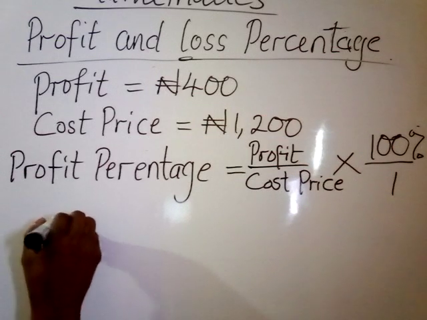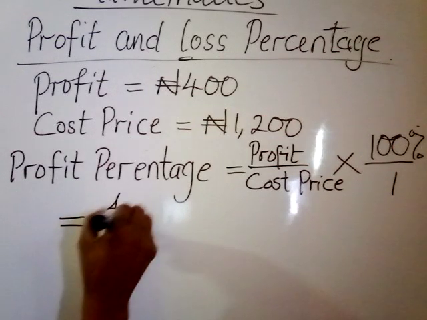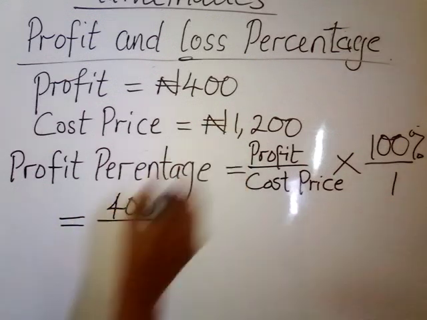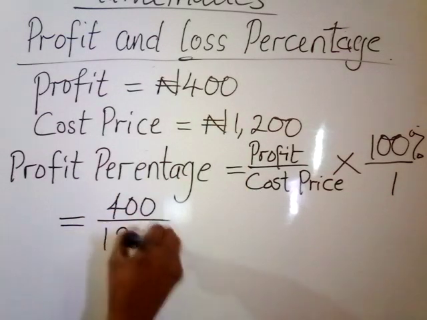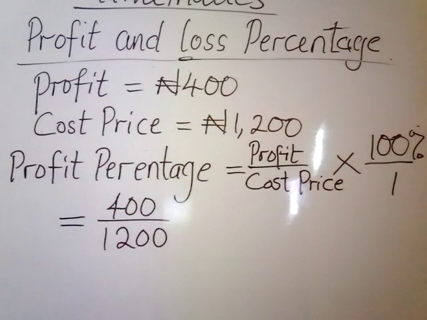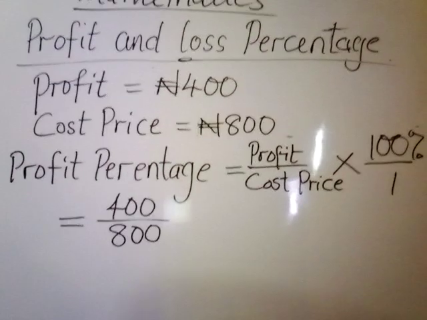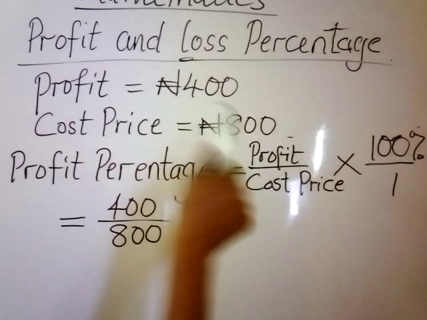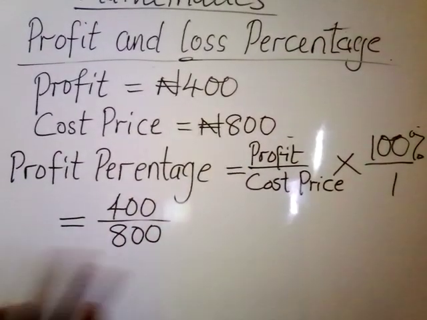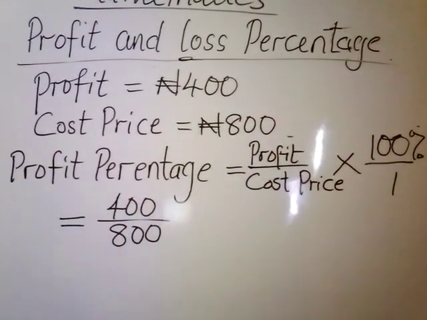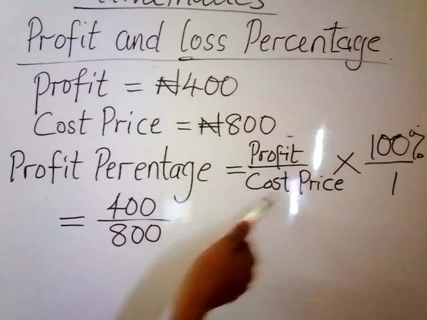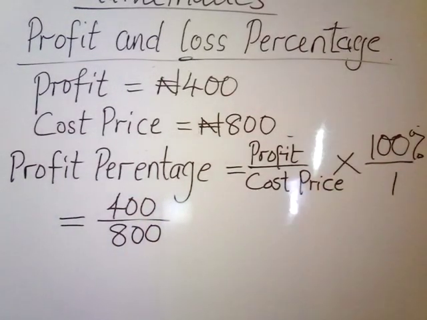Sorry, that was a mistake earlier. Our cost price in this case is 800. It was the selling price that is 1,200. So the profit over the cost price multiplied by 100%, that's the formula we use.